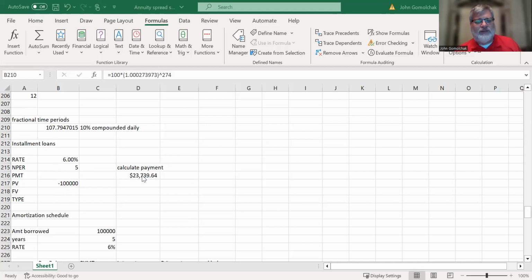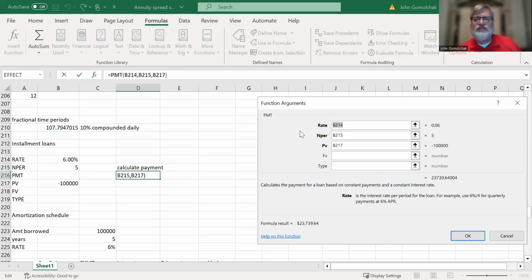So over here, I have calculate the payment. Here is the PMT function in Excel. The rate is, of course, going to be that 6%. I'm using B213. Number of periods, B214, B215. Present value is the $100,000, B217.